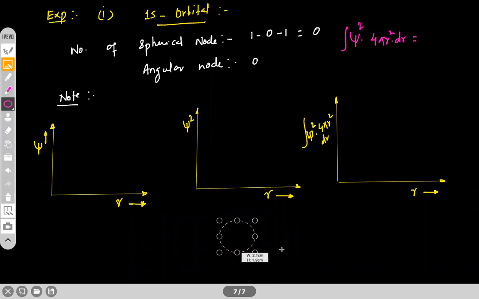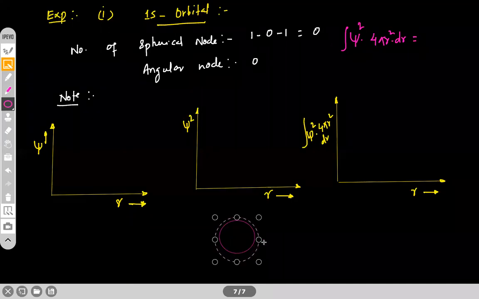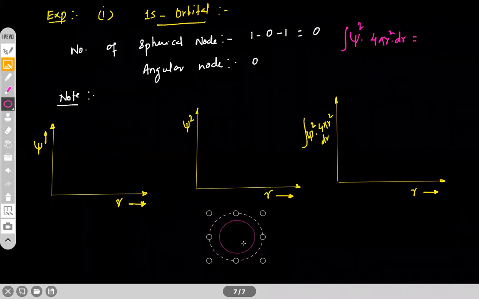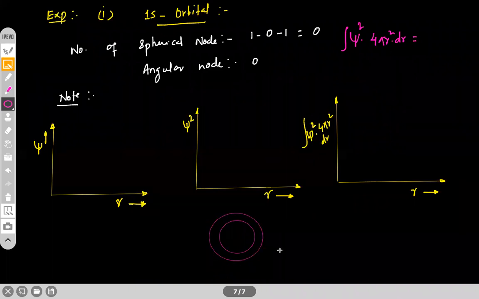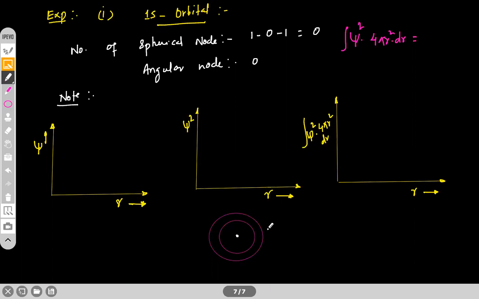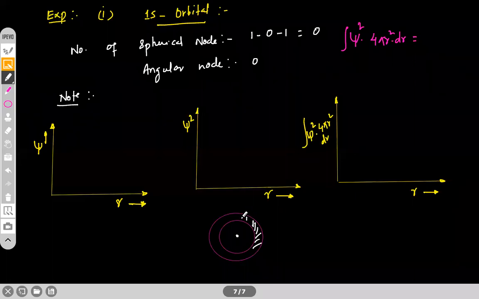Suppose this is a spherical surface we have. This is the spherical surface, and this is the thickness of this surface.